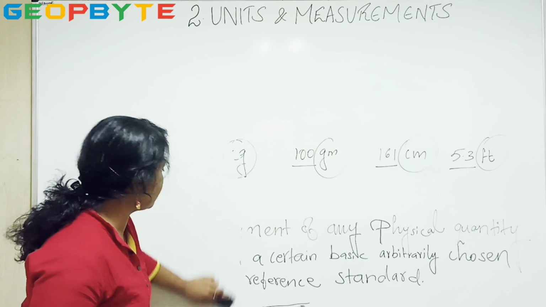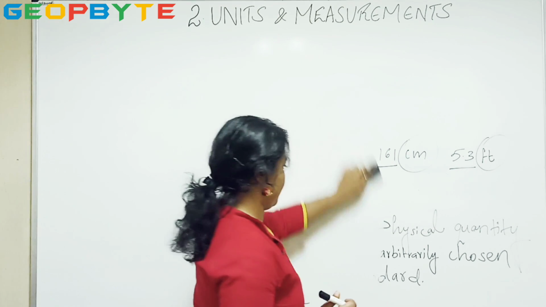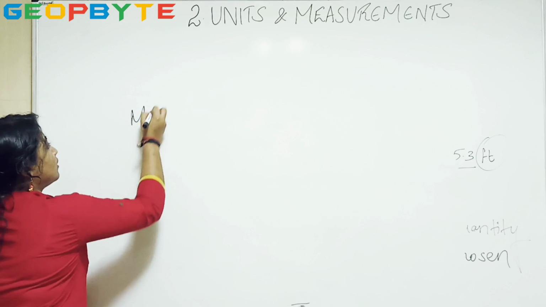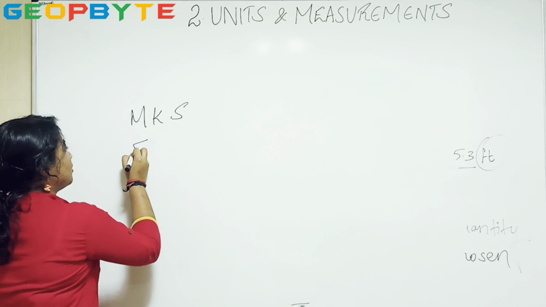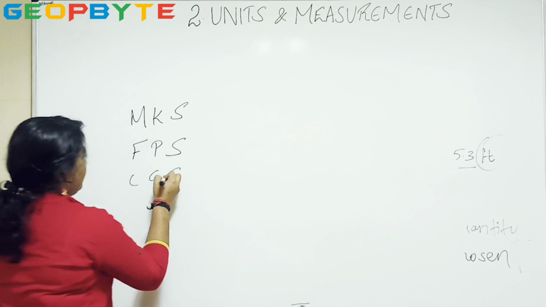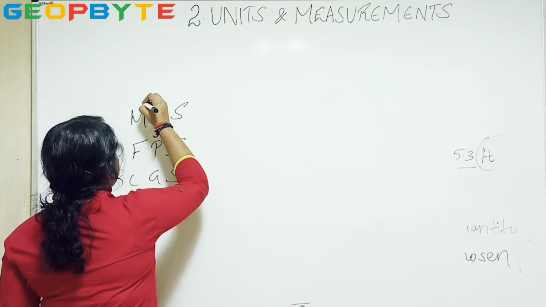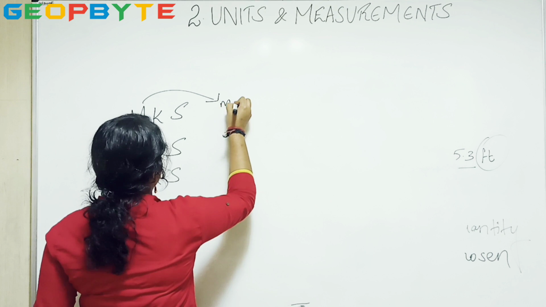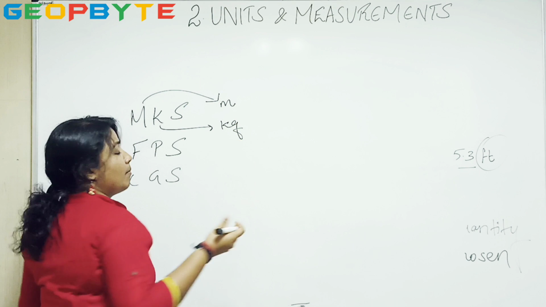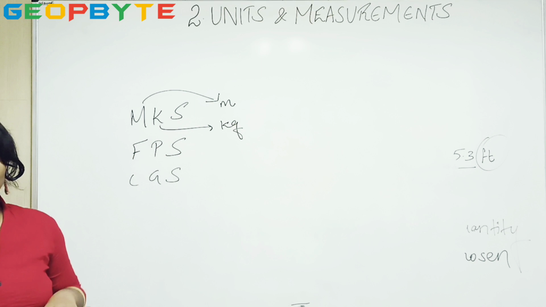Before, scientists used different types of unit systems that are MKS, FPS, then CGS. In MKS, mass is represented in kilogram, length is represented in meter, and time in second.